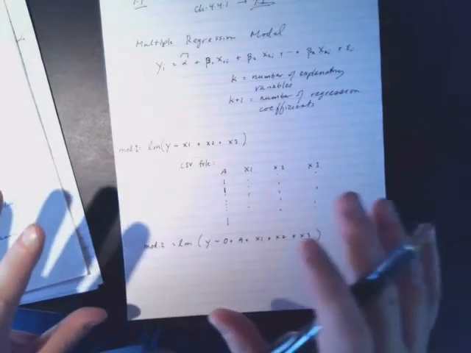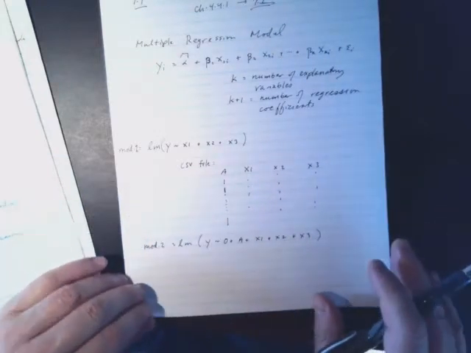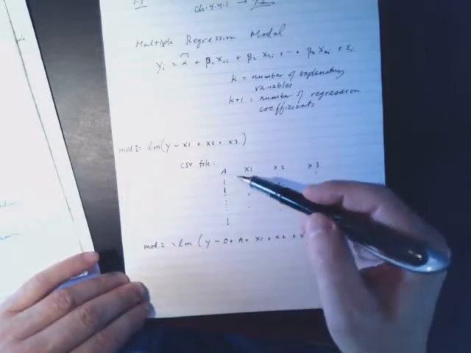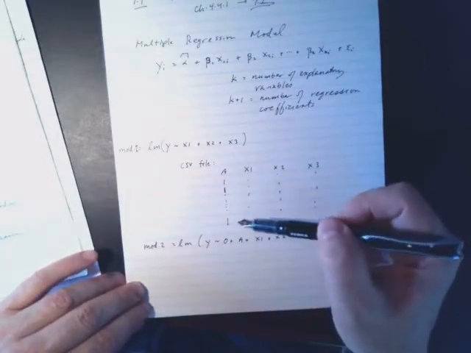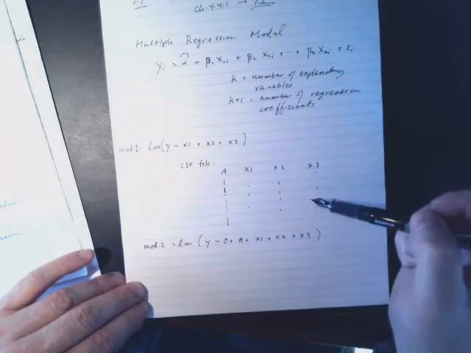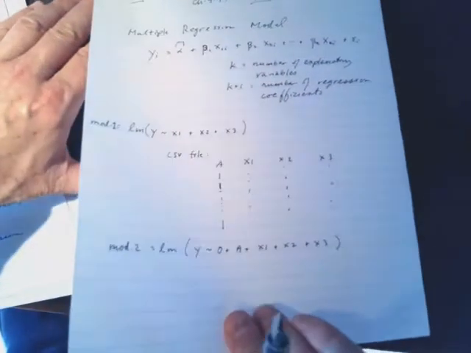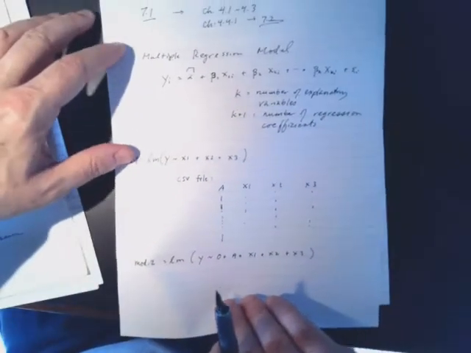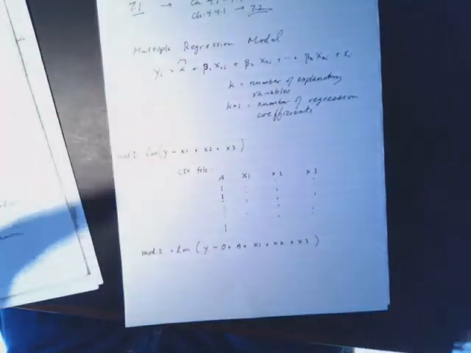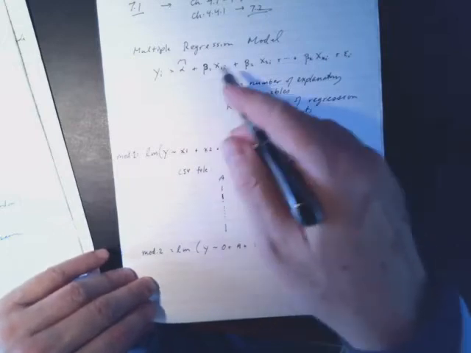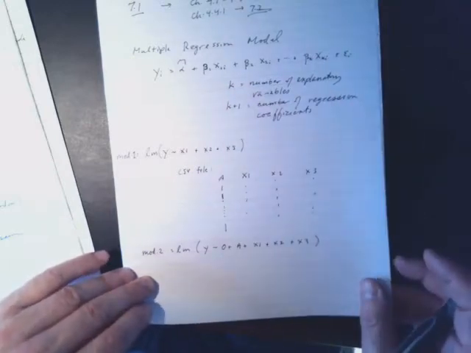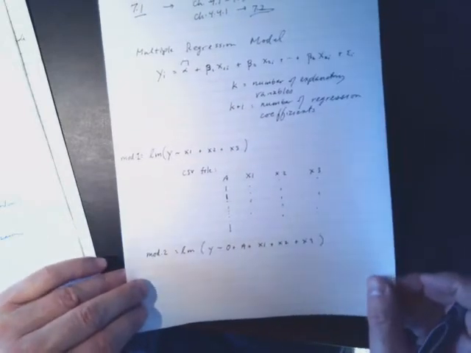So that's where the intercept term comes from in the model. You could think of it as the coefficient you get if you added to your data set a column of ones. And it's also the intercept if you were to graph this on graph paper.